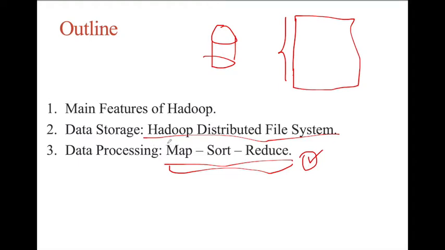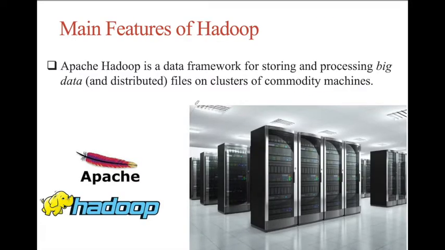Then we'll see how we can process those files using the MapReduce framework, which in fact is going to be map, sort, and reduce. That's the idea. The Hadoop system is basically for processing big data files, and what we are going to use is a cluster of regular machines.